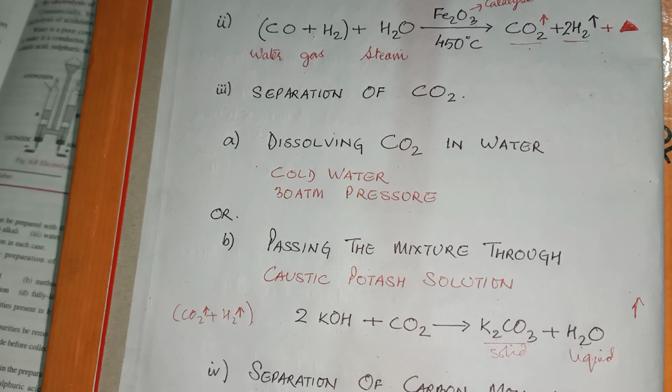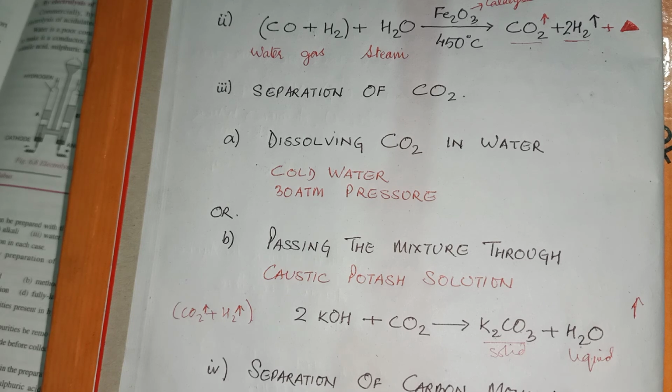The benefit of the electrolysis method is, instead of only one gas, hydrogen gas, we can also get another gas, that is water, or I'm sorry, oxygen, because water is made up of hydrogen and oxygen.